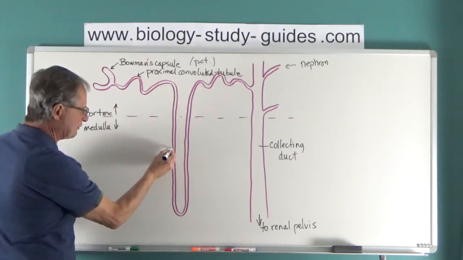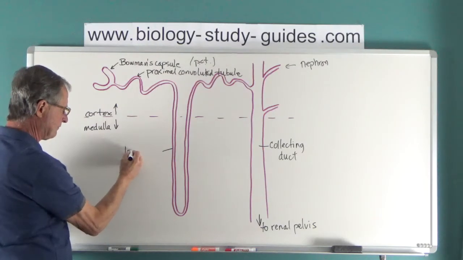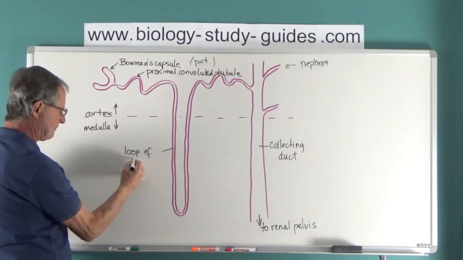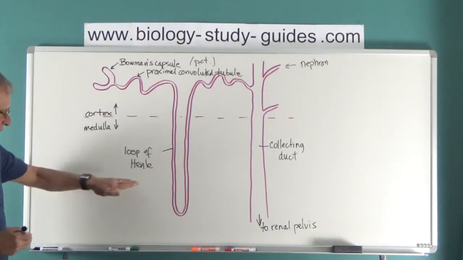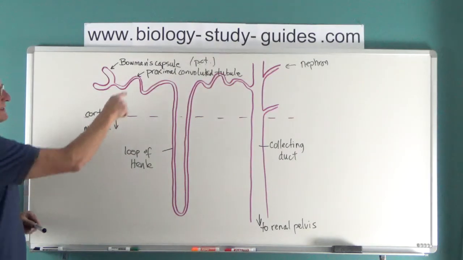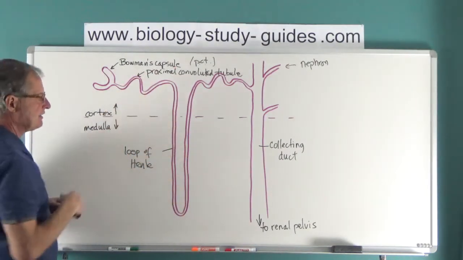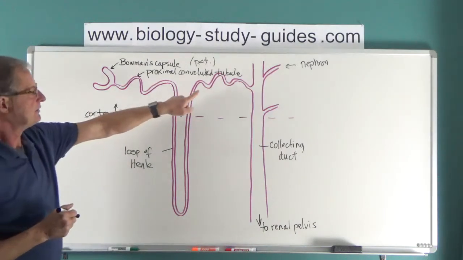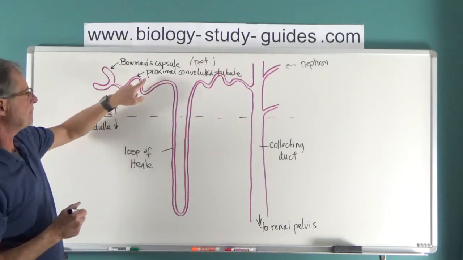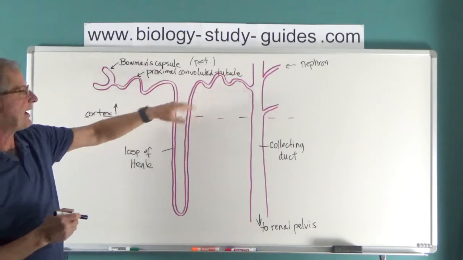This is known as the loop of Henle. Again, notice the spelling of Henle. This was a person's name, so it's always capitalized. And there is a descending and an ascending portion of the loop of Henle. And we have another thing that looks very similar to the proximal convoluted tubule, particularly the way I drew it here.